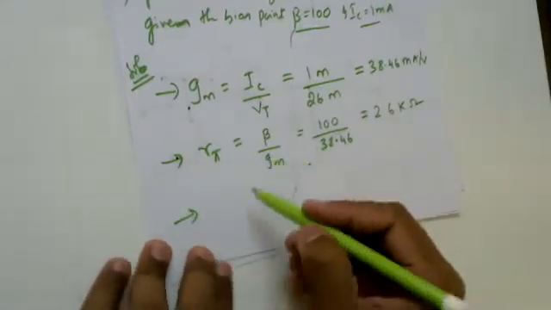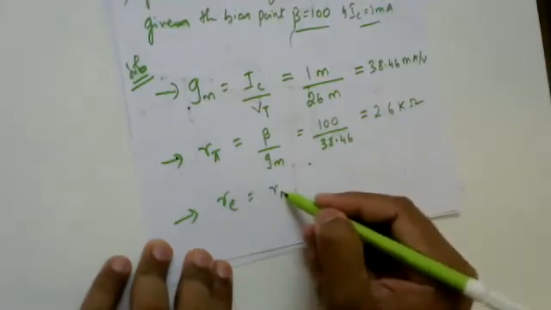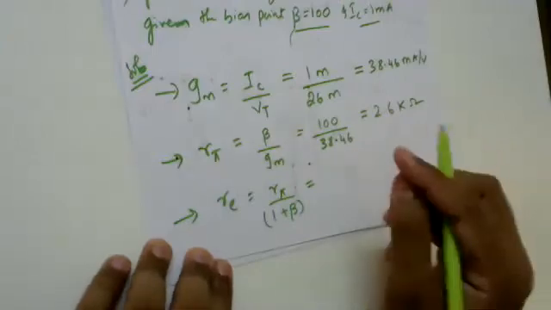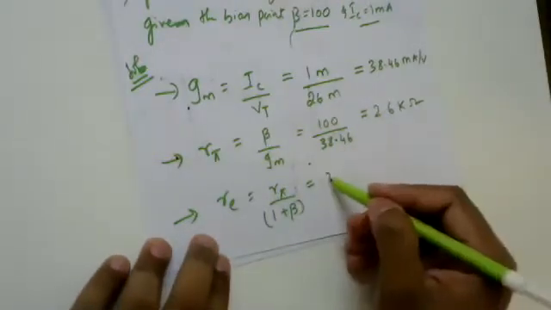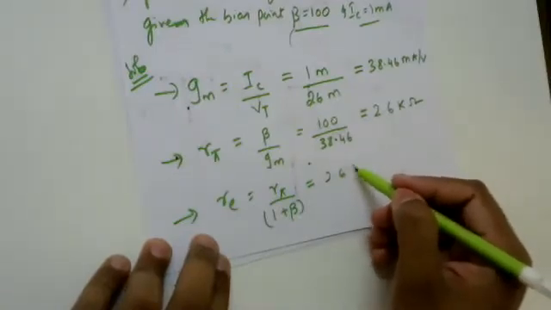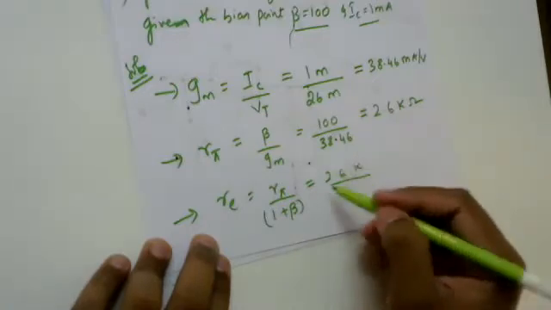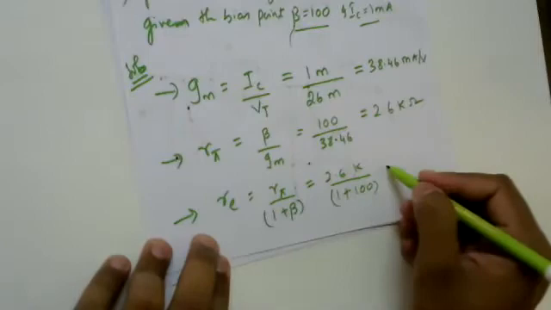The last parameter is Re. What's the value of Re? It is R pi divided by 1 plus beta. R pi divided by 1 plus beta. Then what is R pi here? It is 2.6 K, divided by 1 plus beta. Beta is 100.